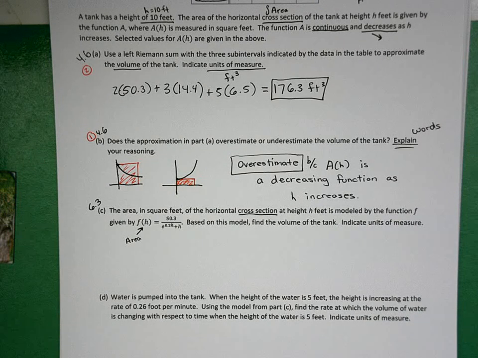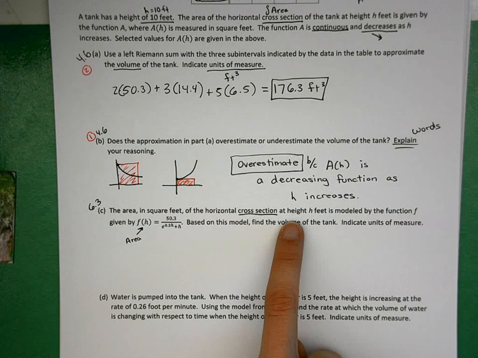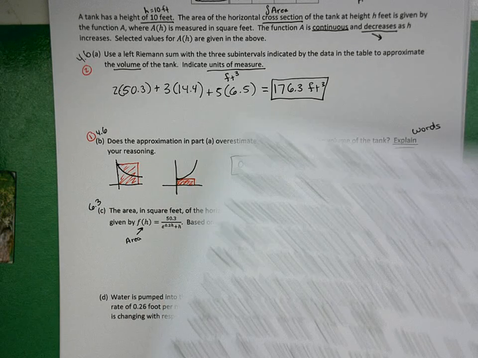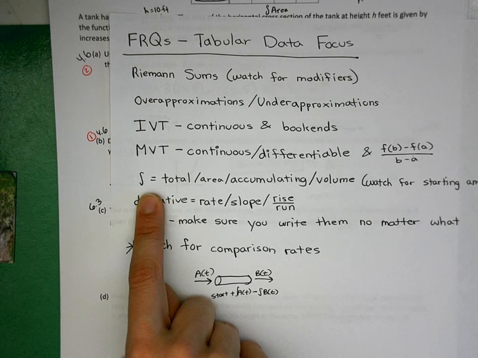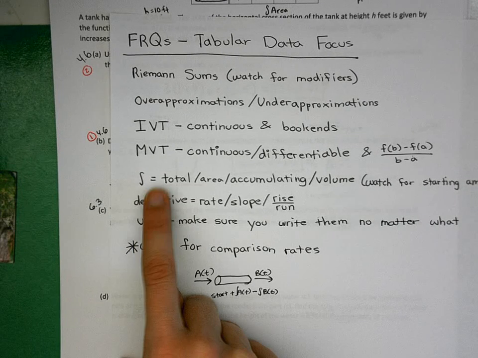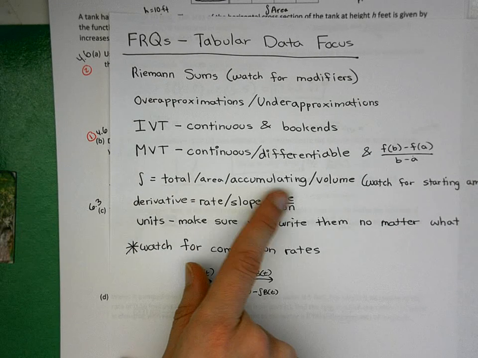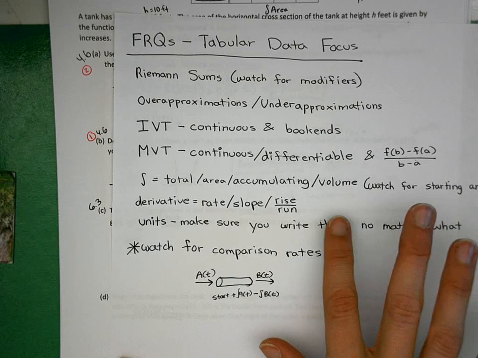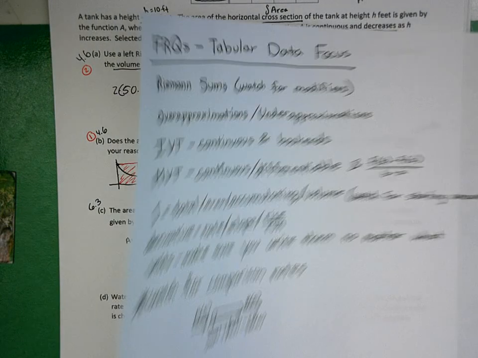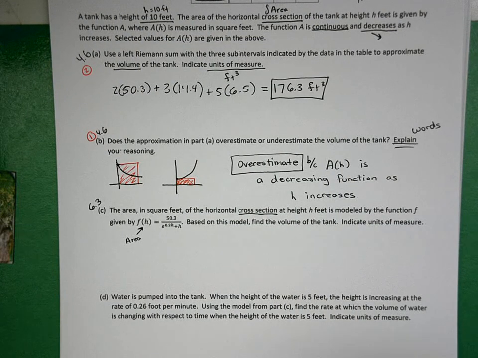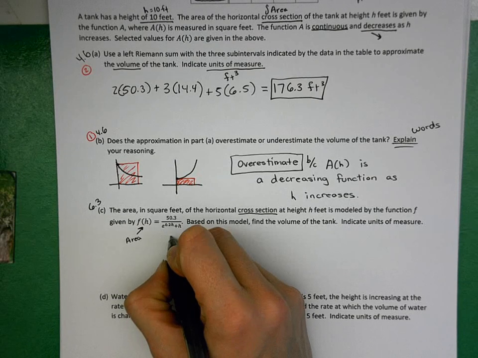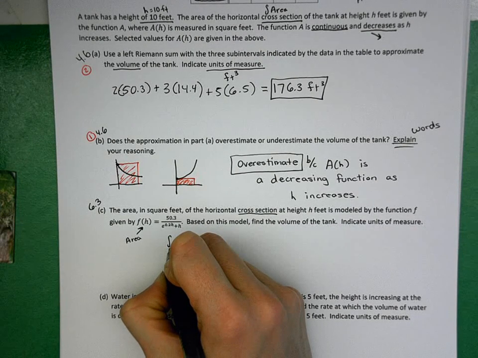Okay. The other reason, though, that we know that this is going to be an integral, besides that they ask for volume and that connects to 6.3, is that is what an integral is. An integral is a total. It's an area. It's an accumulation of something. And so in this case, I'm finding my volume. Okay, and so volume here is going to be 0 to, let's see, what do we find the volume of?